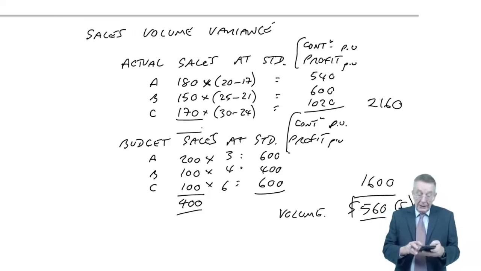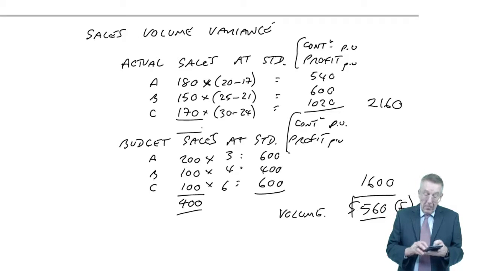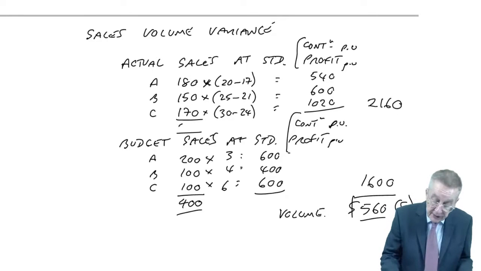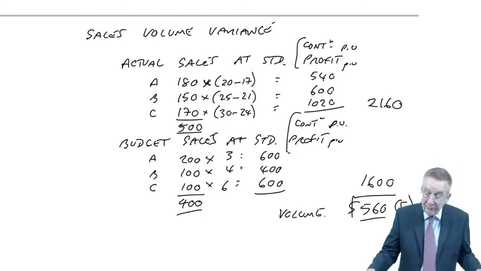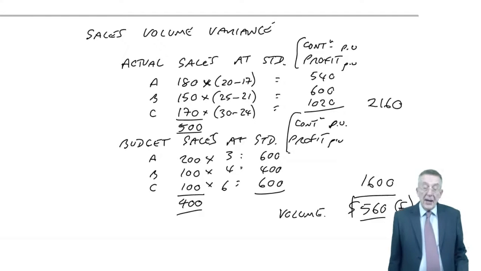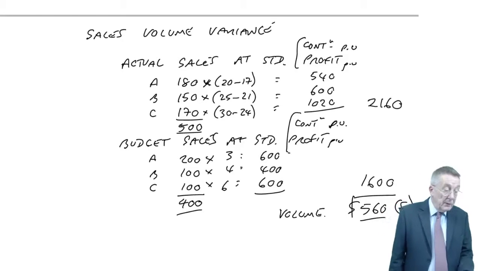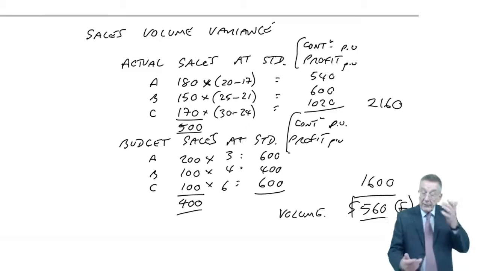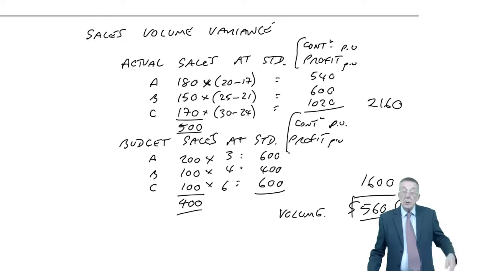In total, we sold 180, 150, 170. We sold 500. And obviously, I hope, if you sell more units, you're bound to make more profit. 500 is against 400. 100 extra units, more profit.